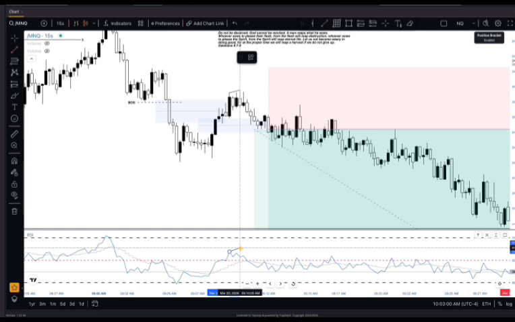Instead, I was waiting for a signal, the second opportunity of this equilibrium inside this wick. And inside this wick, we can see that price again, if we go to a lower time frame, created high resistance, bullish liquidity.